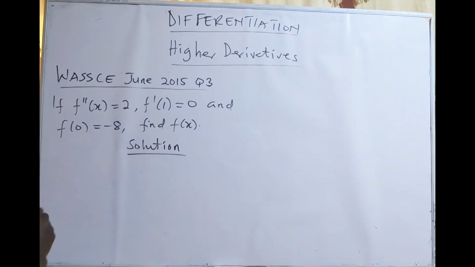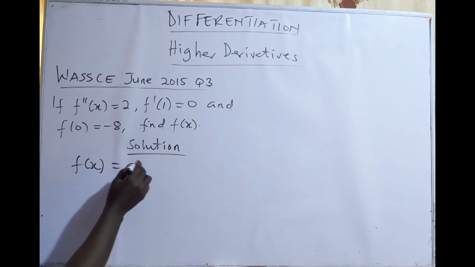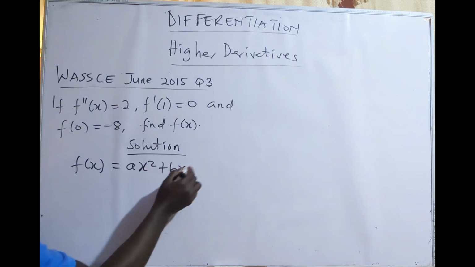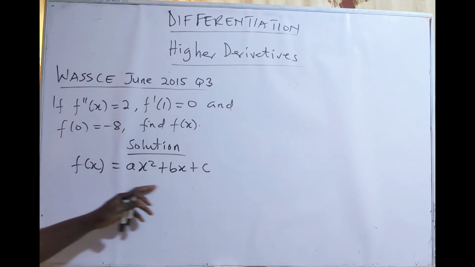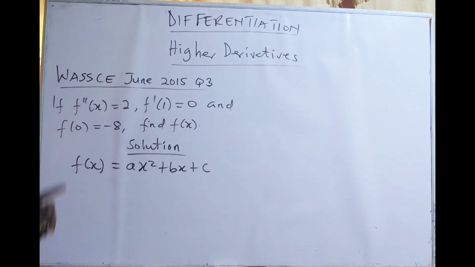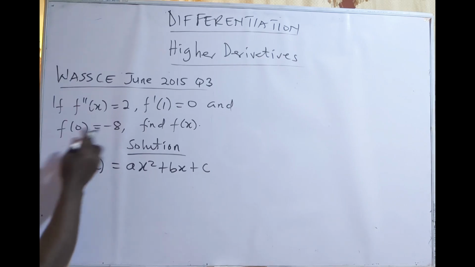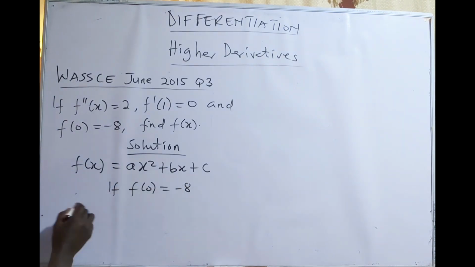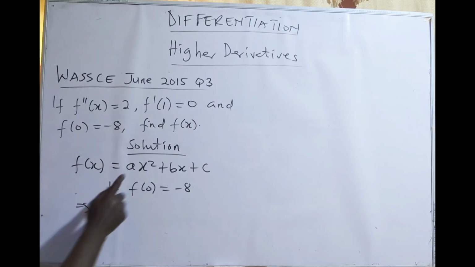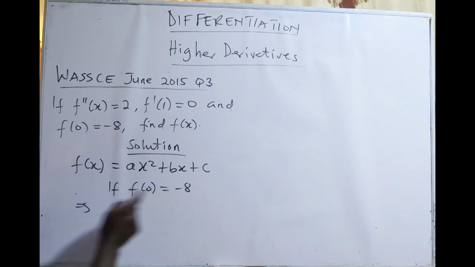So let's see, the standard form of a quadratic is ax squared plus bx plus c. So it means that the function is quadratic like this. We are given f of 0 to be -8. So if I put 0 into this function, I'll get -8.